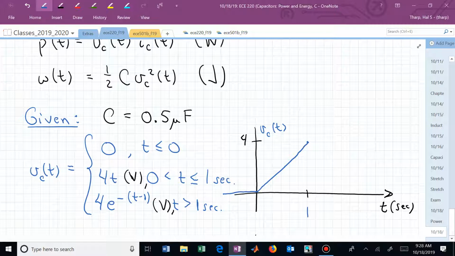It starts at 4, and now we go down exponentially. And at 2 units of time, where would we be relative to where we started?